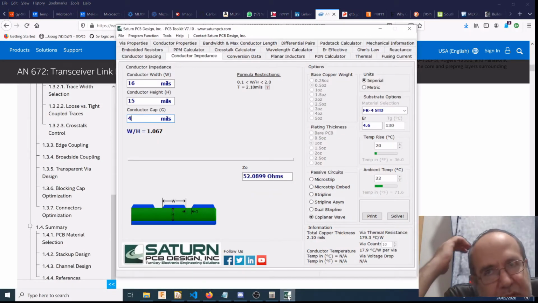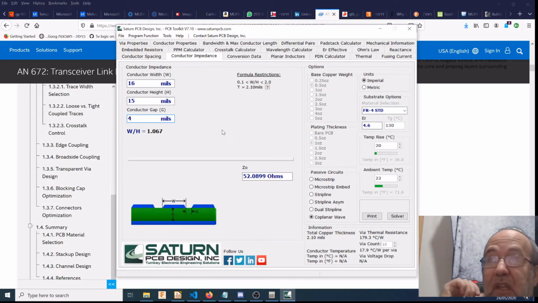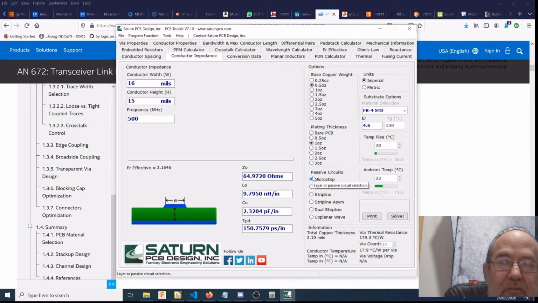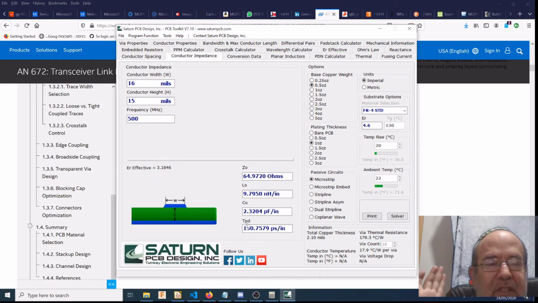What else did I want to explain here? Okay, I wanted to explain something else also. We'll go back to the microstrip. I explained now what characteristic impedance is. I want to explain now TPD.